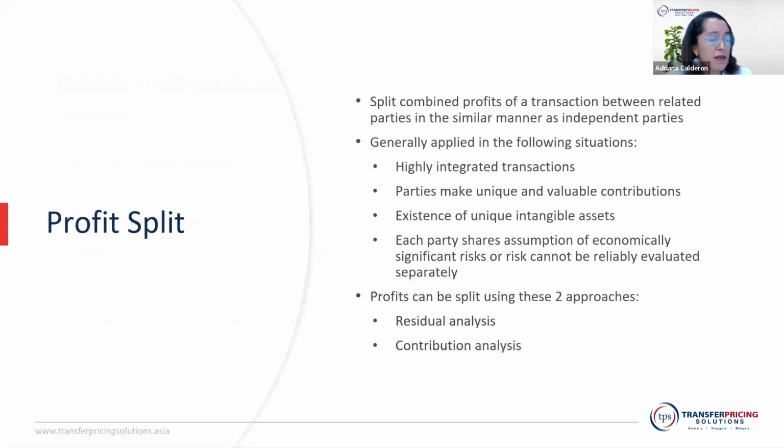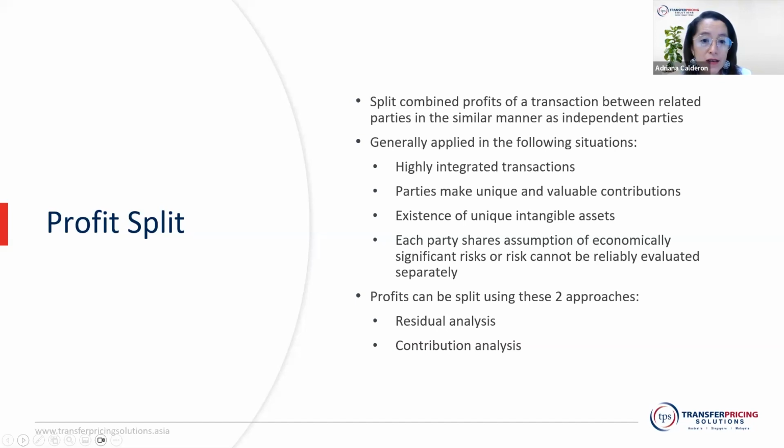So basically, the profit split is the exercise of splitting profits or losses in a transaction between the related party entities in a similar manner. Because of that, you end up sharing the risk and reward of the business between the entities that are part of the profit split. And I come back to the point of, generally, when is it appropriate?